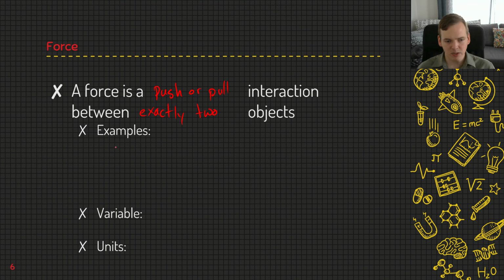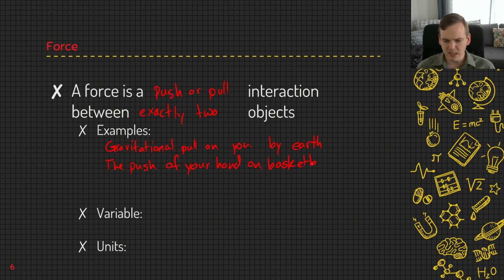So some examples here are the gravitational pull on you by the Earth. So the Earth pulling down on you using the gravitational force, that's a force. The push of your hand on a basketball.